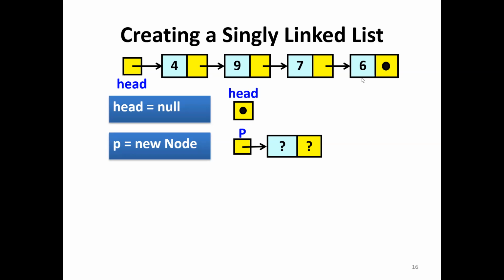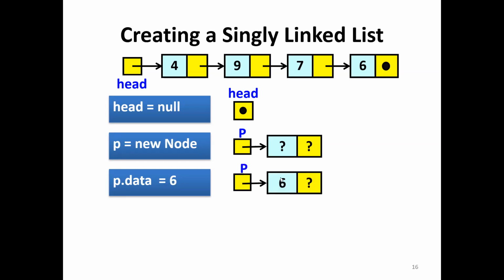So we want to insert data. The data we want to insert is 6. For us to insert the data, we look at the node at the moment, the new node. So P.data will be equal to 6. So in that case, we have the data inserted here.